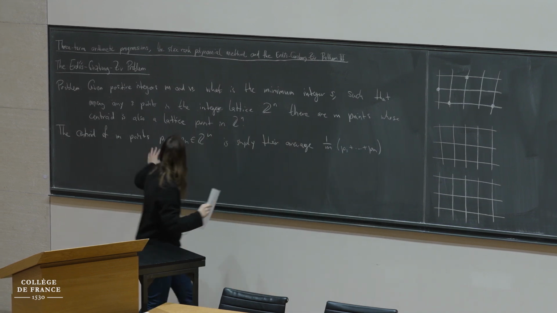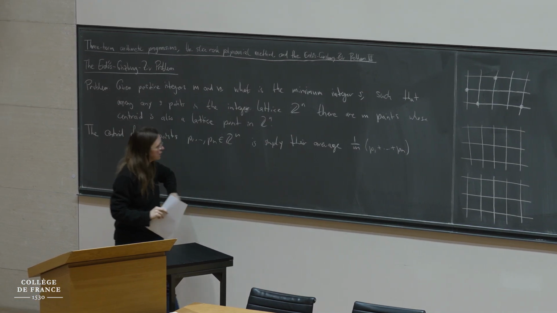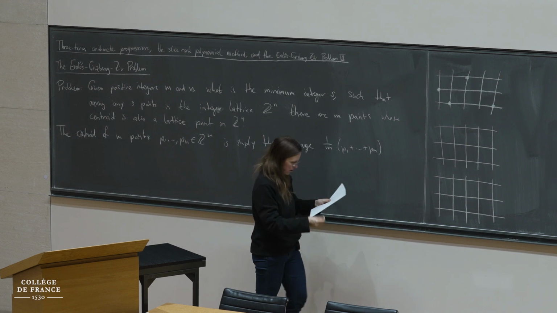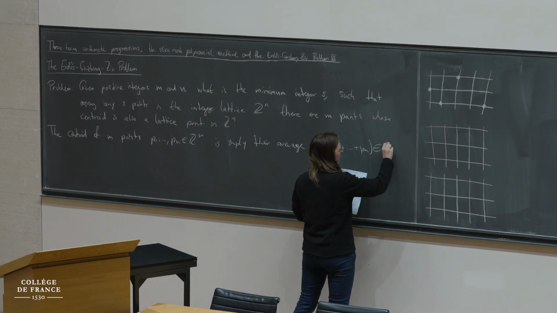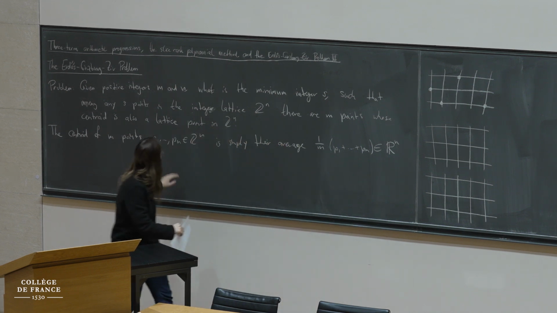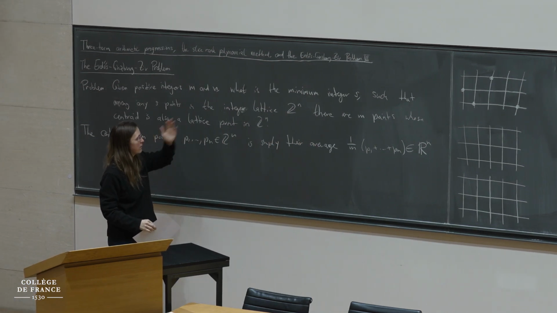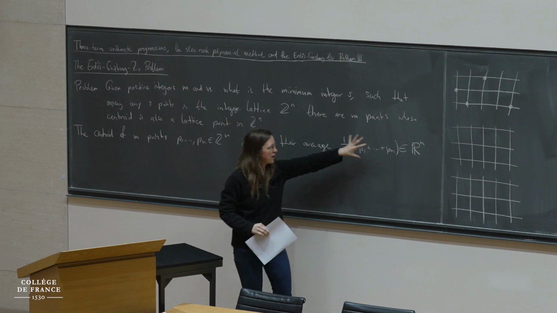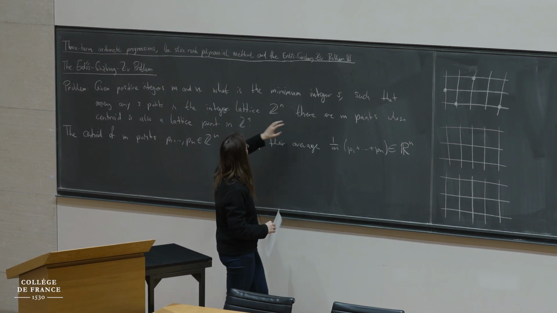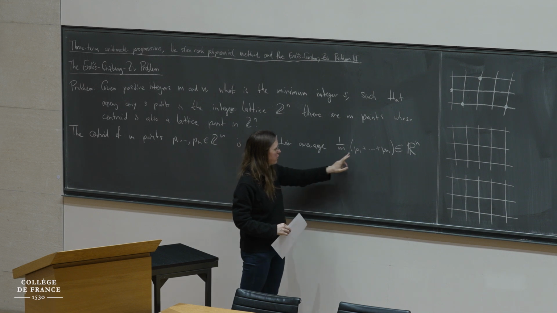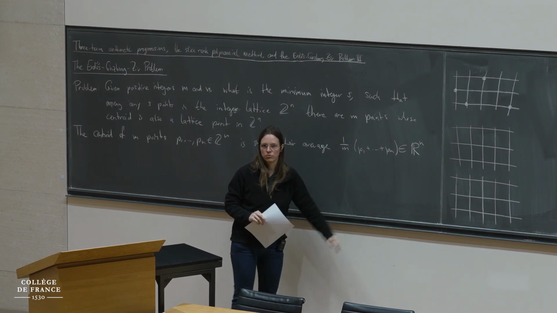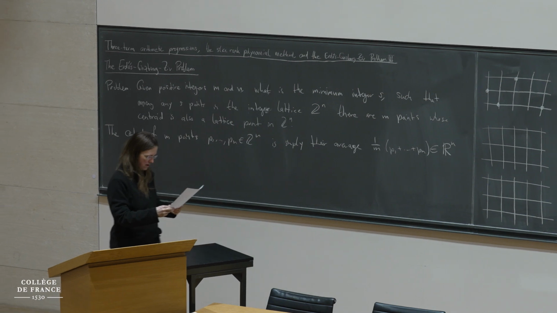If we have these points p1 to pm in Z to the n, and we take their average, so we add them up and divide by m, then usually this has real or rational coordinates, but we want to choose these m points among the s given points so that this average, the centroid, has integer coordinates. So in other words, we need to pick m points among our s given points so that the sum has all coordinates divisible by m, because then this average will have integer coordinates.